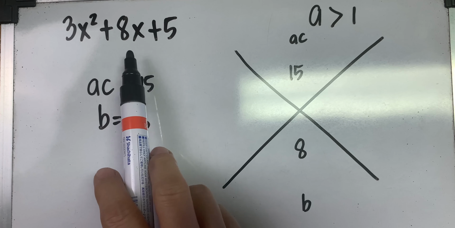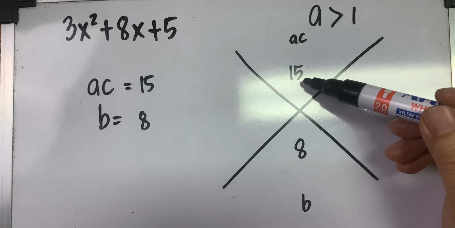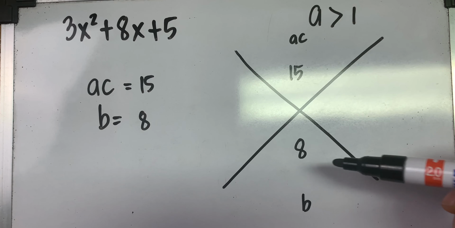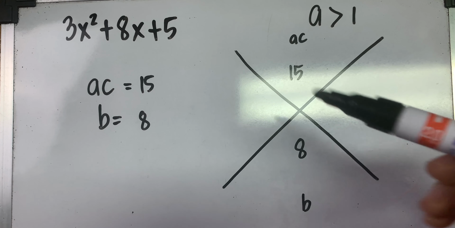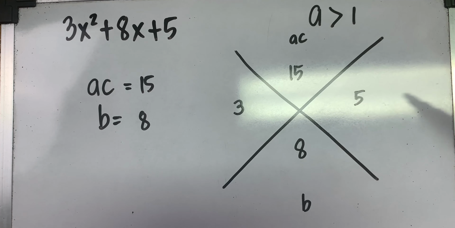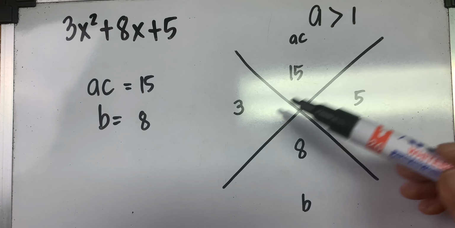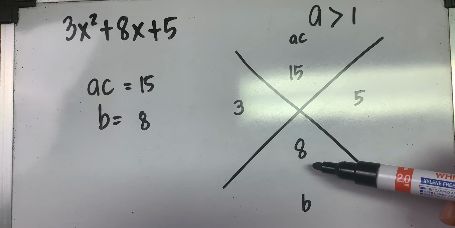So therefore, ang hinahanap nating factors ng 15 ay dalawang positive numbers. Okay, ano ang factors ng 15 na kapag in-add natin will give us 8? So it's 3 and 5. Okay. So, 3 times 5 is equal to 15 and 3 plus 5 will give us 8.